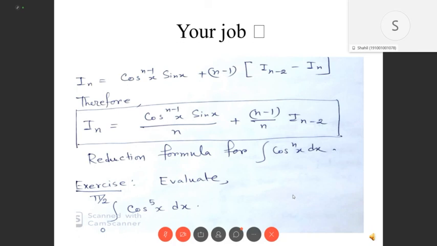So then just do one thing. You send me what you are trying and what you have tried. Just send me to my WhatsApp number. Then I can give you some feedback. First you try. Anybody else? Devasmita? Whether you are trying, your answer would be probably 8/15.